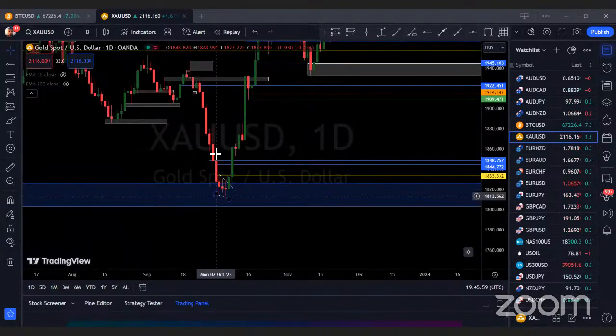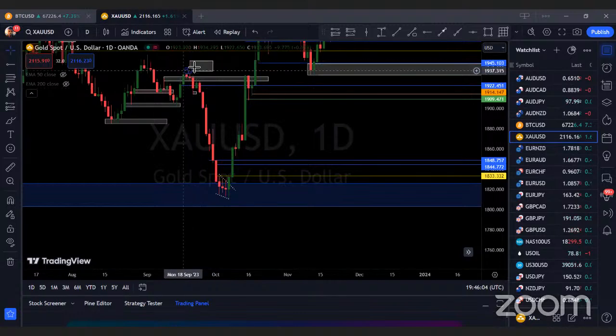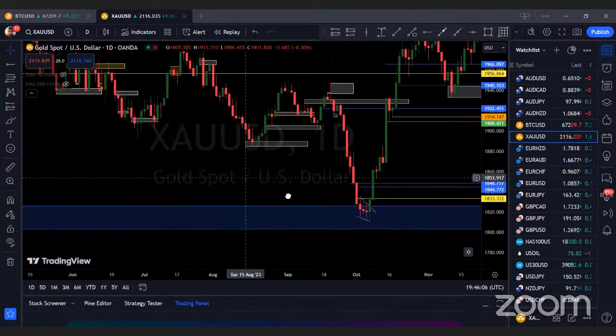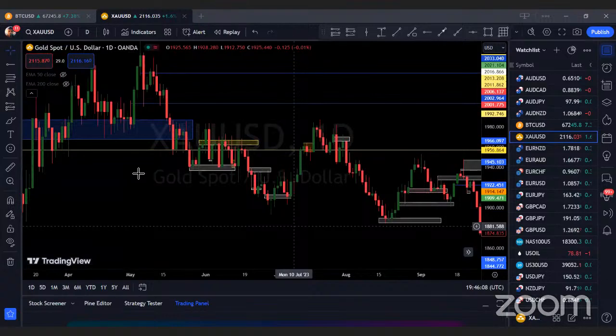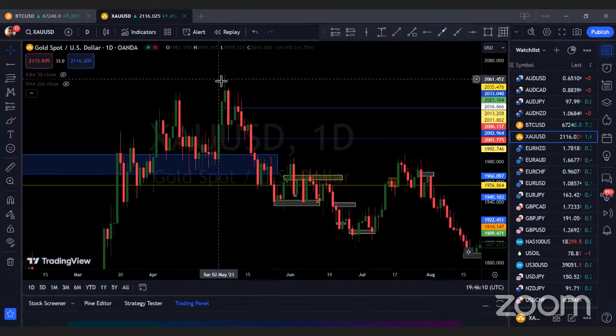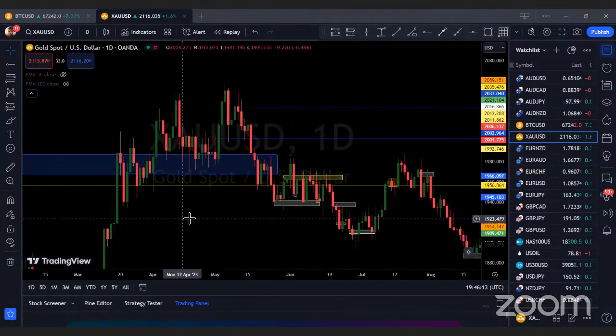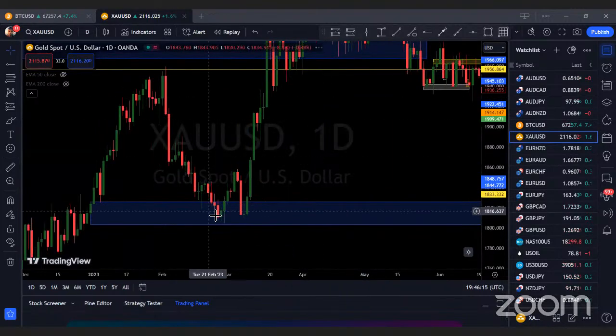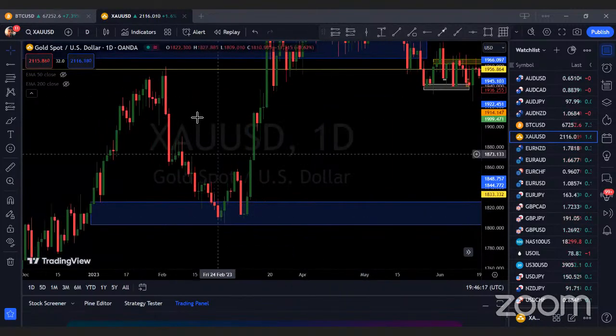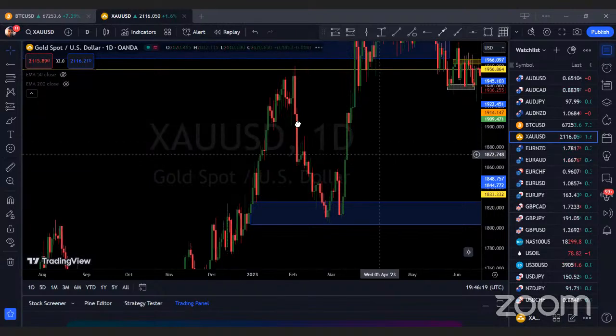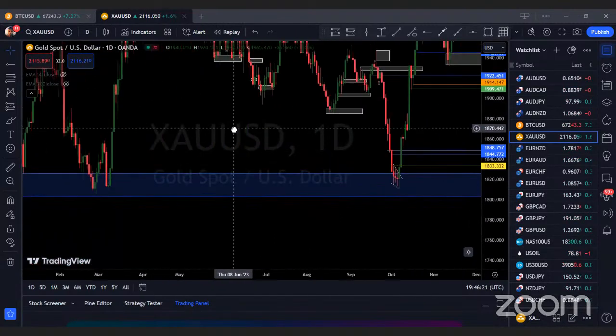I remember vividly analyzing this chart. I was actively in trade when this high was created. I was actively in trade when this W pattern was created. And in all, it's been an uptrend all this while.